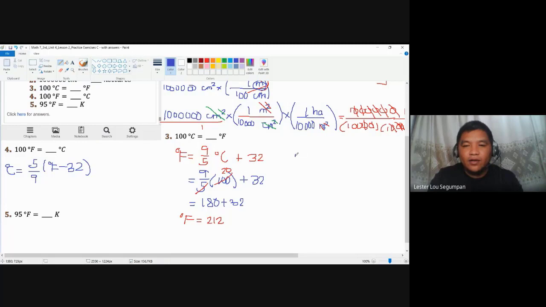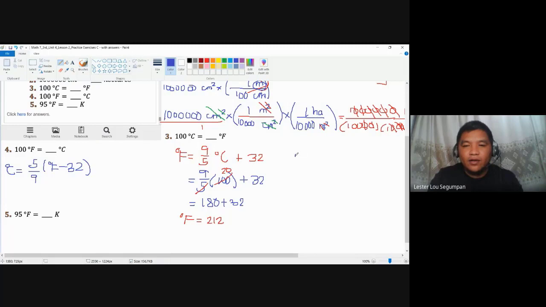Okay. For number 5, we have to convert 95 degrees Fahrenheit to the equivalent Kelvin scale. Take note that before we used degrees Kelvin, but as of the moment, in the new presentation of the Kelvin scale, no more degrees. We don't have a direct formula from degree Fahrenheit to Kelvin scale.